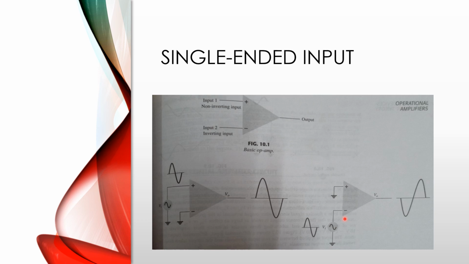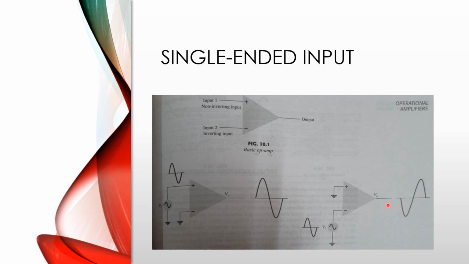That means if we apply a positive voltage, we get a negative output. If we apply a negative voltage, we get a positive output. So here we applied this AC signal to the inverting input terminal, and when we get the output, the phase will be changed. So this is the single-ended input operation.